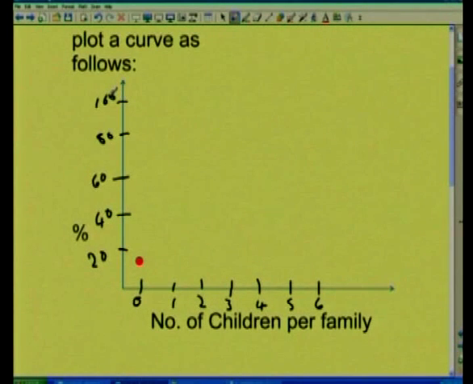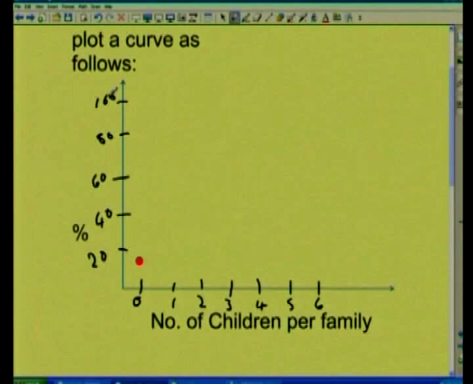And remember, we're plotting the cumulative frequency now. So that becomes 35.9. That's just before the 40, round about there. Once we were at 2 children, we were at 67.2. Let's make a mark over there.